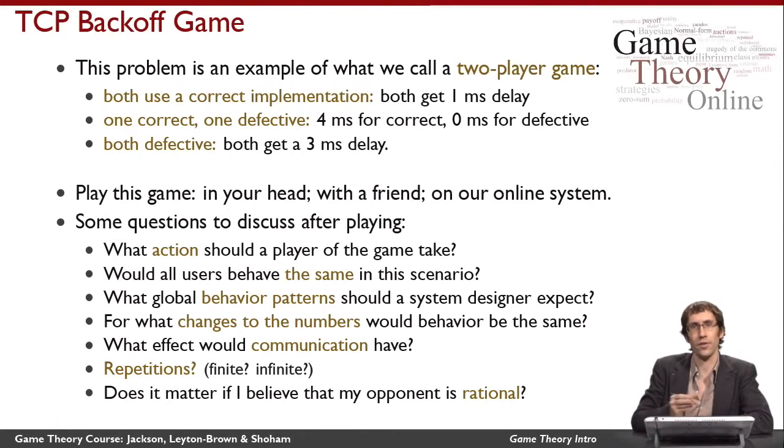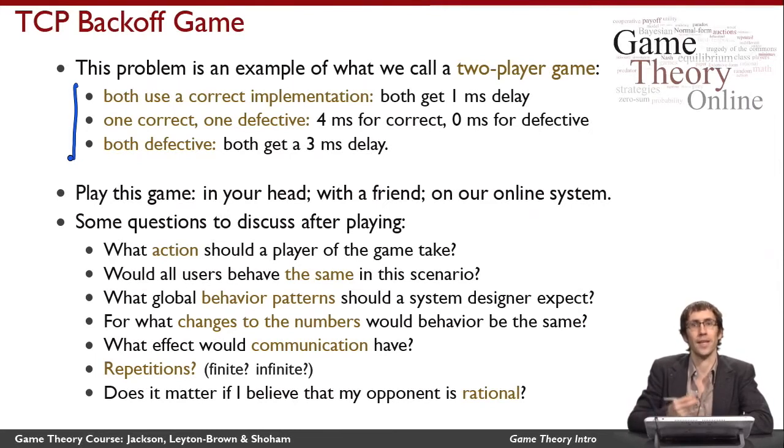There are sets of actions that players can take, and after everybody has chosen what they're going to do in the game, there's some result where everybody feels at different levels of happiness. This very simple game has each player choose either to use a correct implementation or to use a defective implementation. And once we know what both players will do, we can look at these rules that I've given here and decide how happy both players would be.